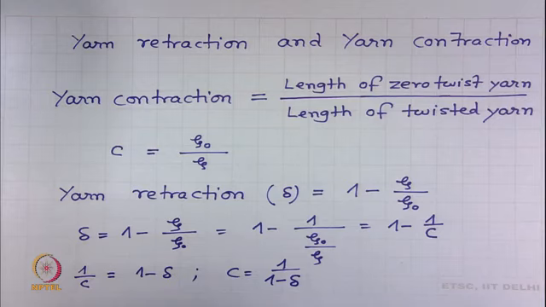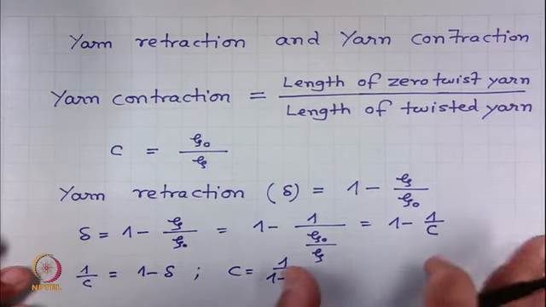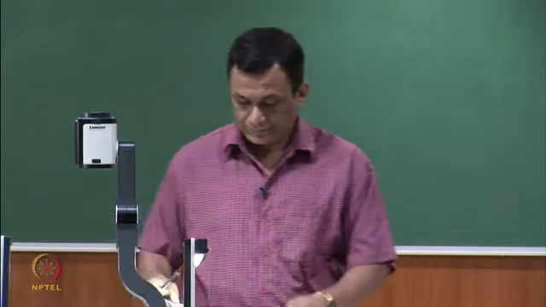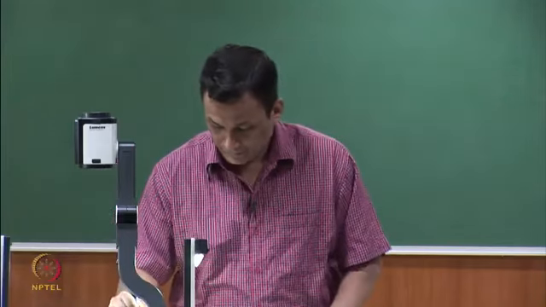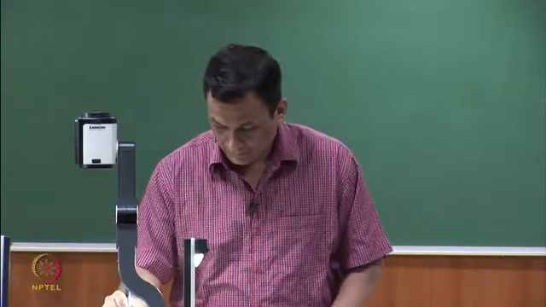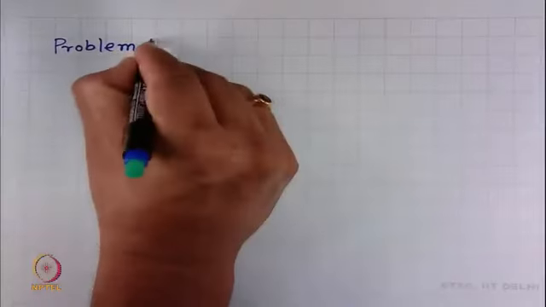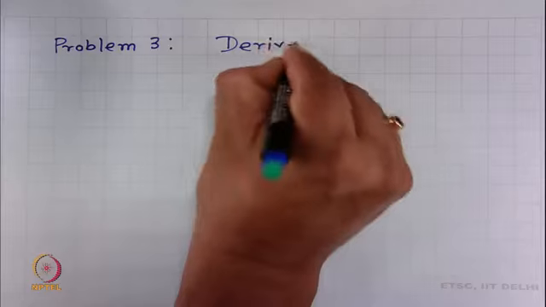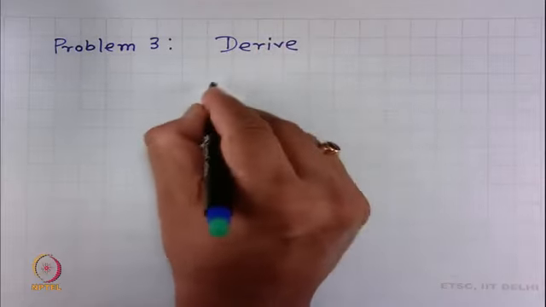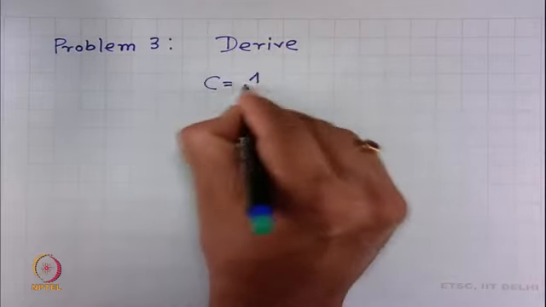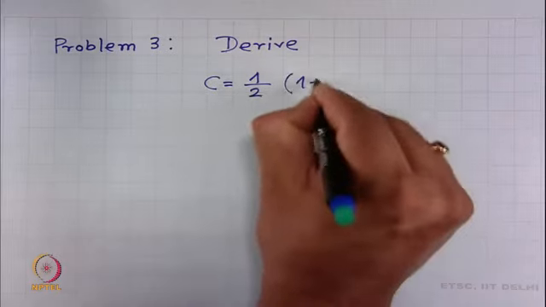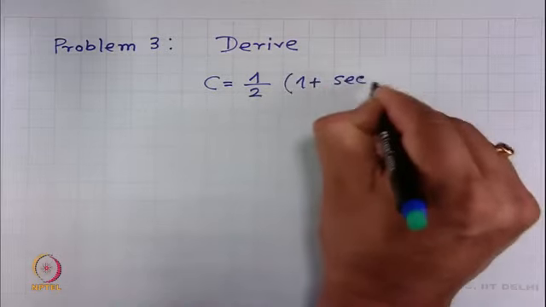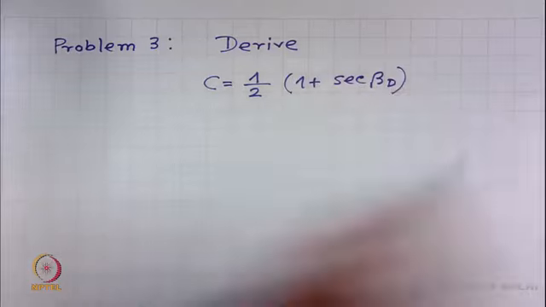Right. Now, we come back to our problem 3. Derive C is equal to this.